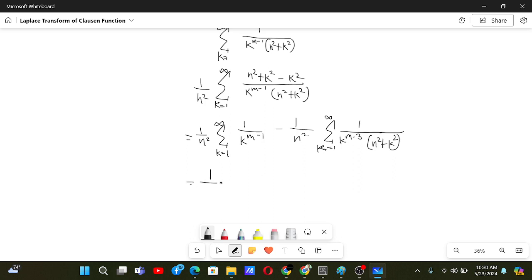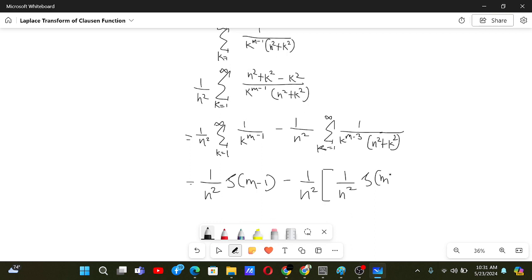Okay, so first of all, this is just 1 by n squared times Riemann zeta of m minus 1 here. Now over here, this will be somewhat similar. It will just be 1 by n squared times Riemann zeta of m minus 3.